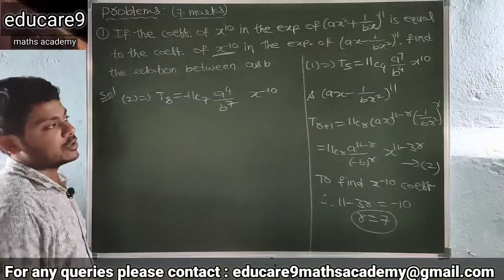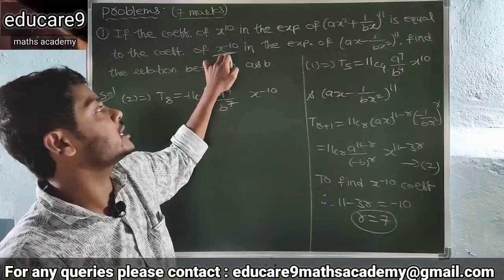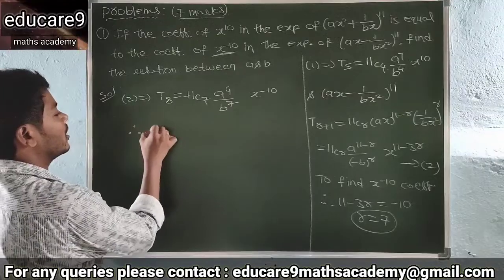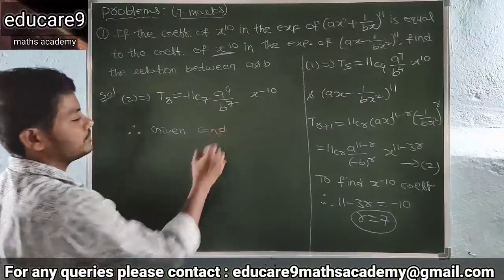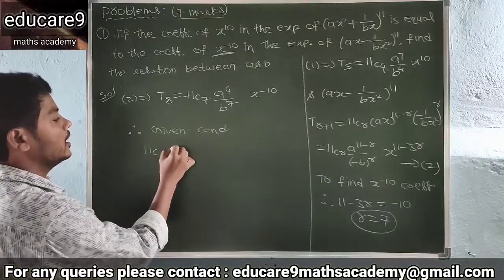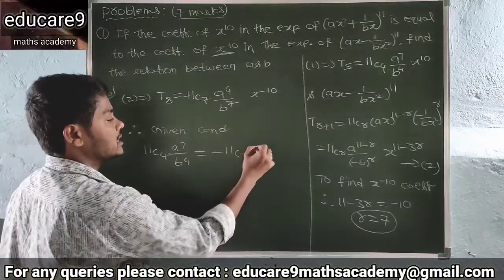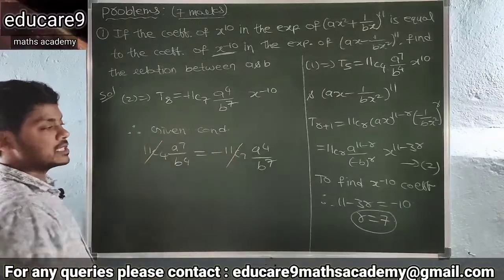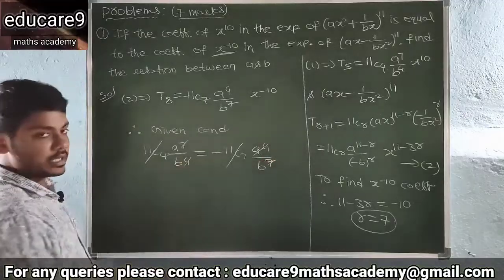According to the given question, the coefficient of x to the power of 10 in this expansion is equal to the x^(−10) coefficient in this expansion. So that is the given condition: 11C4 a^7/b^4 = −11C7 a^4/b^7. Here 11C4 and 11C7 get cancelled, a^4 cancels with a^7, and b^4 cancels with b^7.